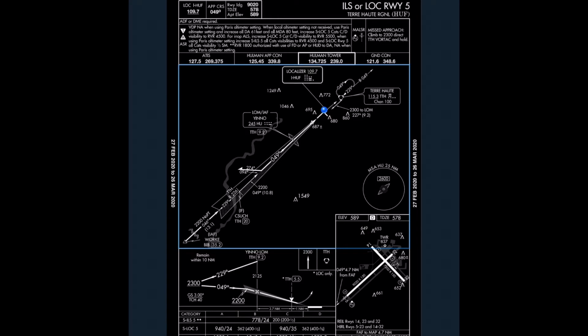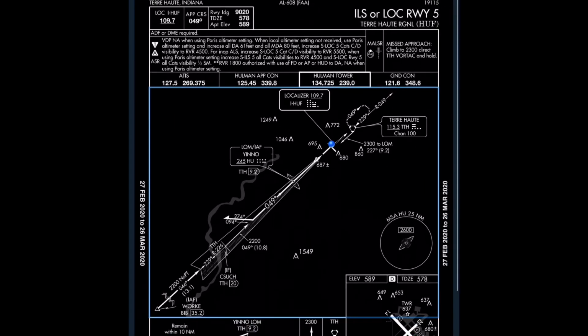Next, we do have 2 small asterisks here indicating there's a note we want to be aware of, and it's indicating that RVR of 1,800 is authorized with the use of a flight director, autopilot, or a heads-up display to the decision altitude. So in the aircraft, you may have a flight director, which is essentially a dumbed-down version of an autopilot.